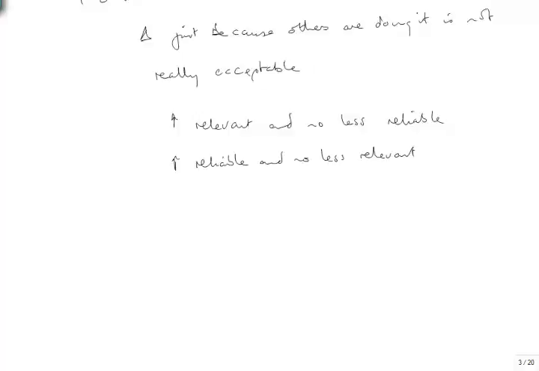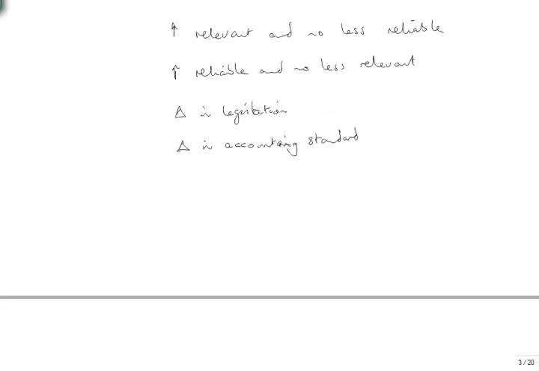And the other possibilities are if there's a change in legislation or there's a change in accounting standard. There hasn't been in this situation. Possibly she could argue that it's more relevant and no less reliable, or more reliable and no less relevant, but that doesn't seem to be the basis of her argument.